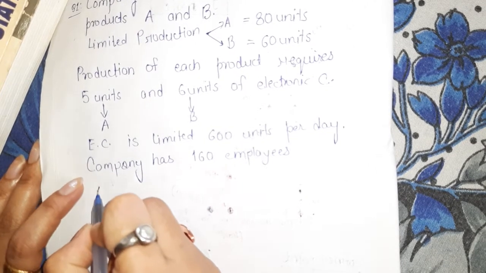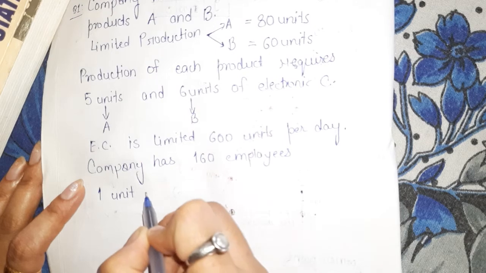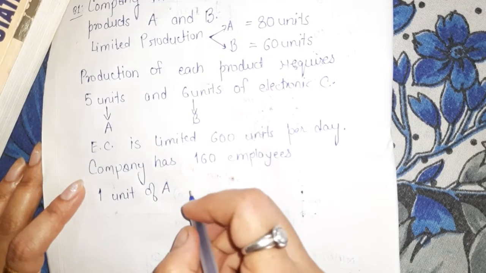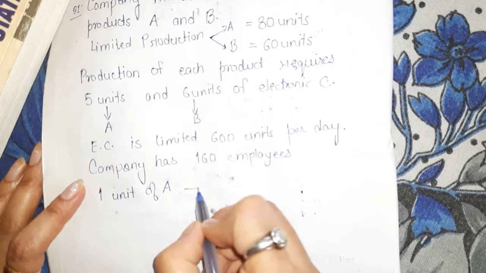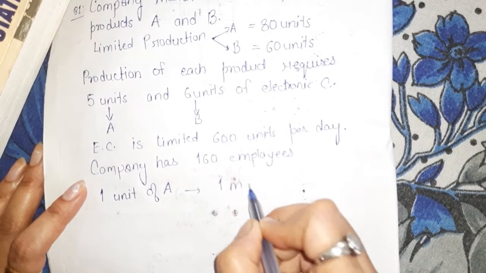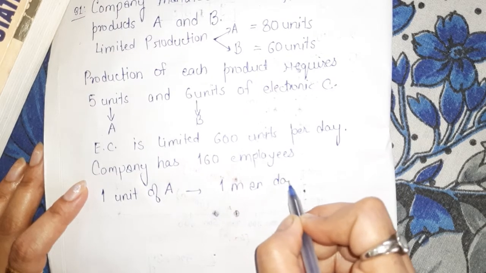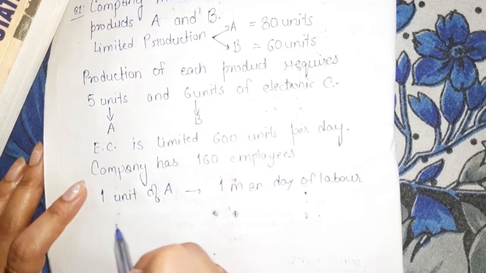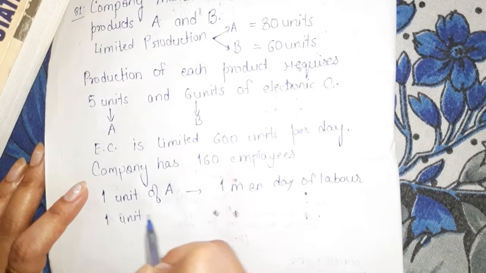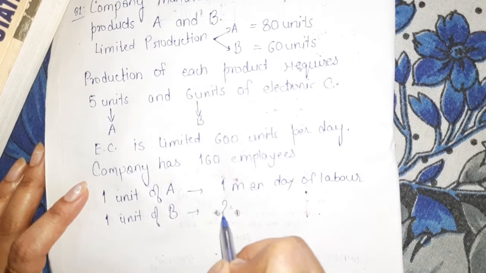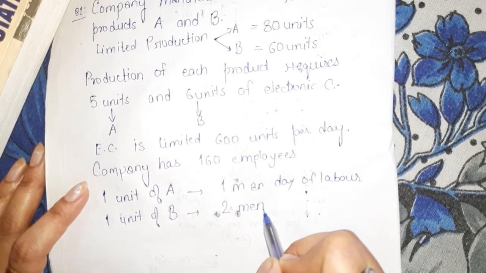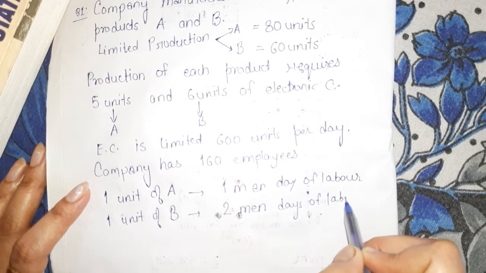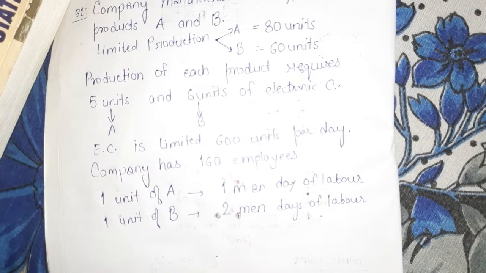Means if you have to produce 1 unit of A, then it requires 1 man day of labor, and for 1 unit of product B it requires 2 man days of labor.